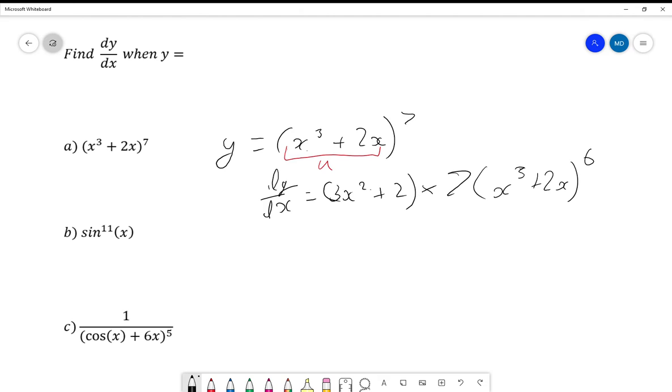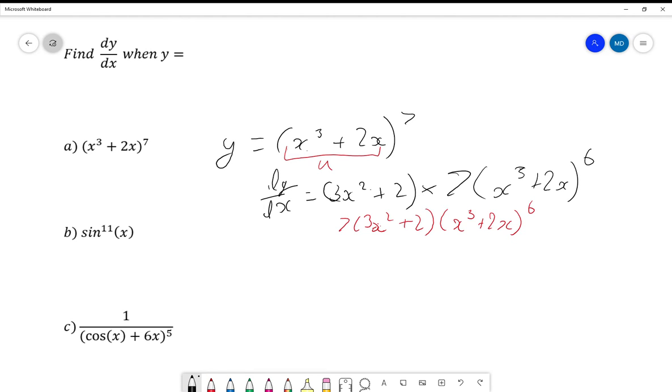And then we can simplify that a little bit and we get our answer as 7(3x squared plus 2) multiplied by (x cubed plus 2x) to the 6.